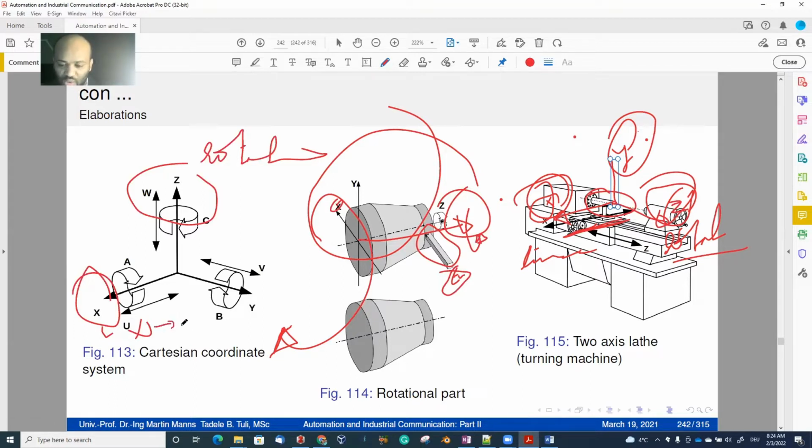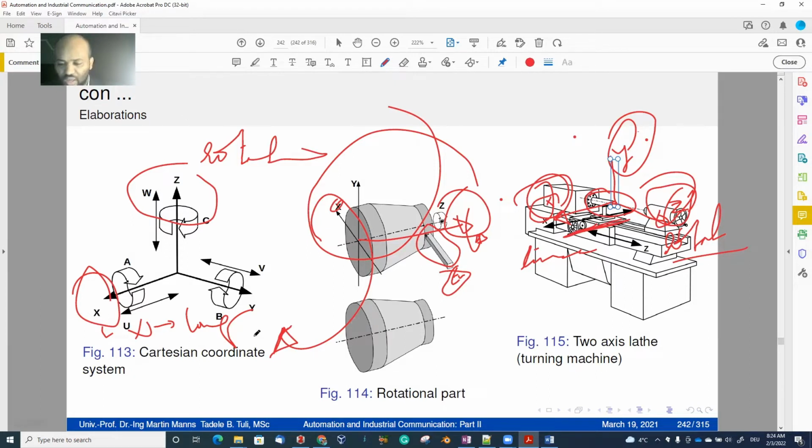Then y follows the right hand rule. Just follow the right hand rule, then it will be fine. Okay, so this is one thing we want to know, at least here.